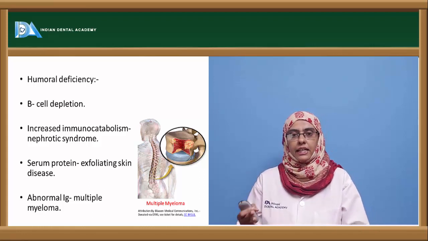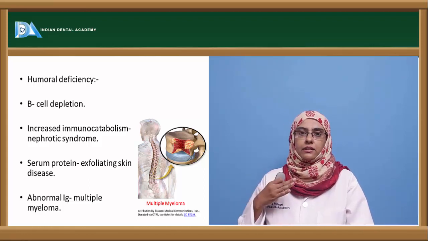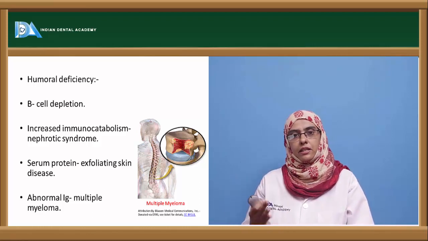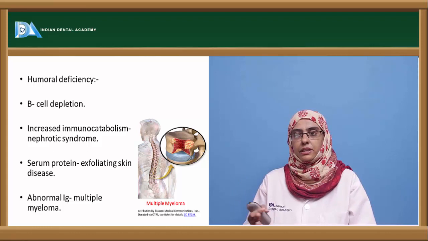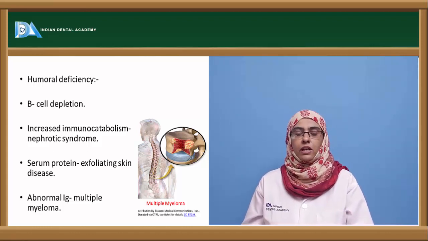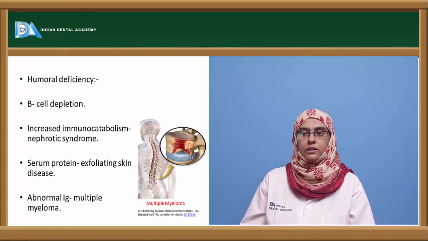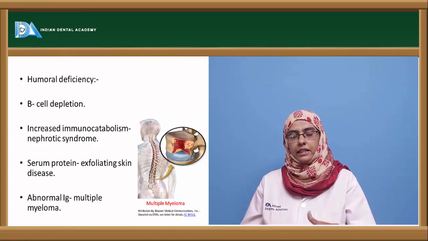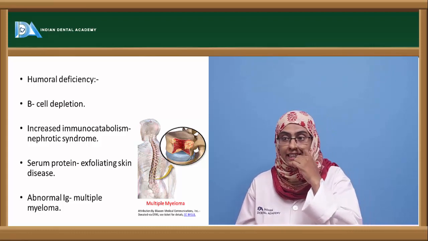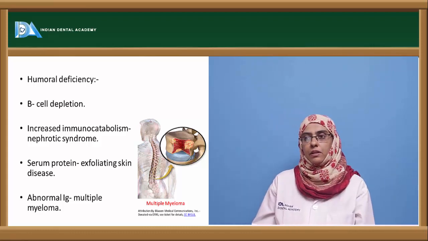So here the B cell can be targeted at any stage: there can be a complete decrease in B cell production, that is complete B cell depletion, or there is increased immunocatabolism. Due to this it can lead to nephrotic syndrome, and targeting the serum proteins leading to exfoliating skin diseases and abnormal IgG production leading to multiple myeloma.